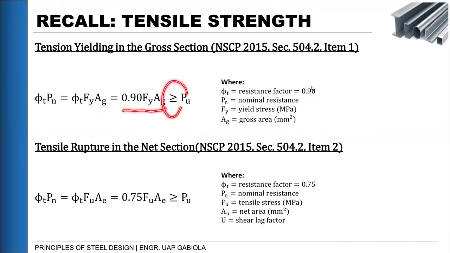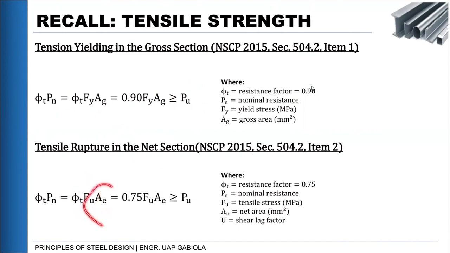And it should be greater than or equal to our ultimate load, which is from the load combinations that we have mentioned earlier. And then we have tensile rupture strength, wherein our formula is almost the same, but the value for Fu is different, and is available depending on the type of steel material that we have.